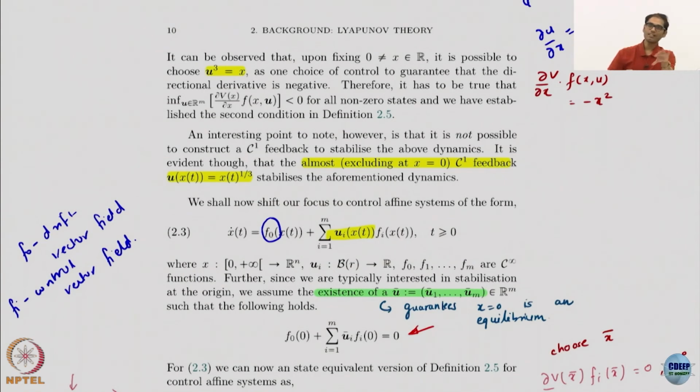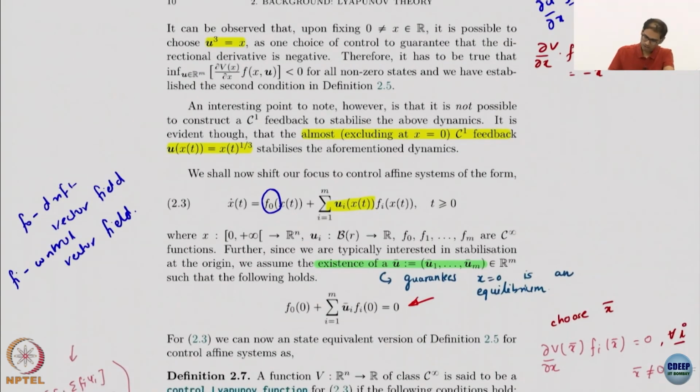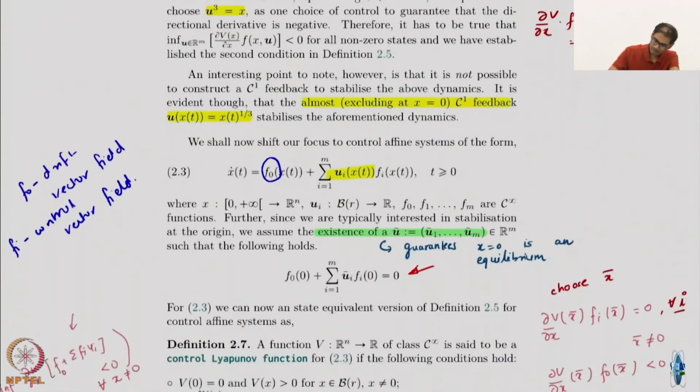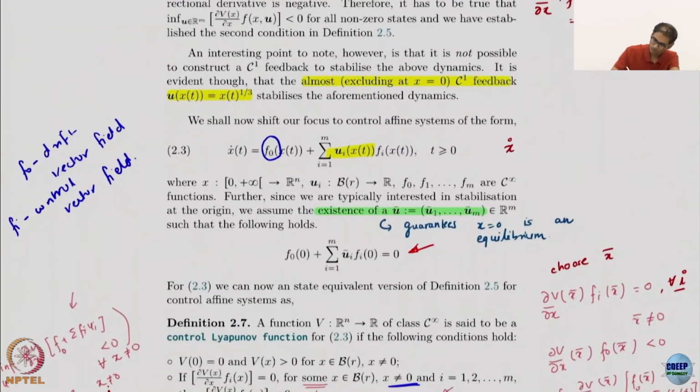If it was both state and control affine, it would be a linear system, but because it is only affine in the control, it is still a nonlinear system. So you typically write it as f0 plus the summation of ui fi. If you do not like this overload of notation, you can write it differently.